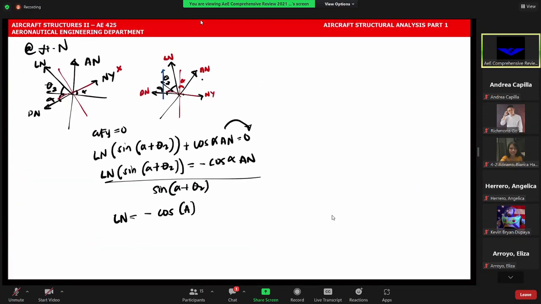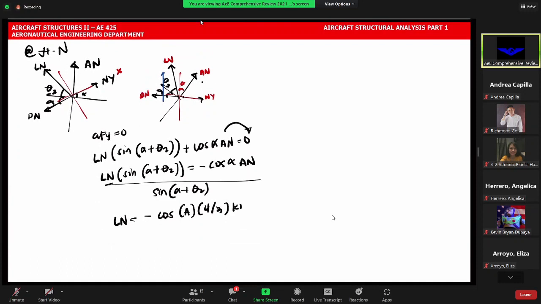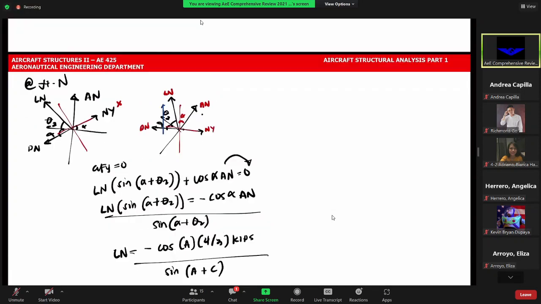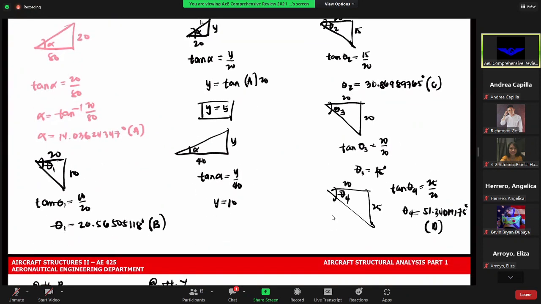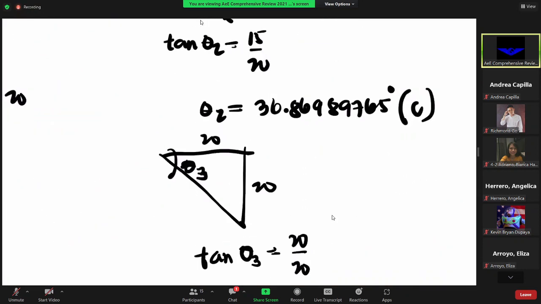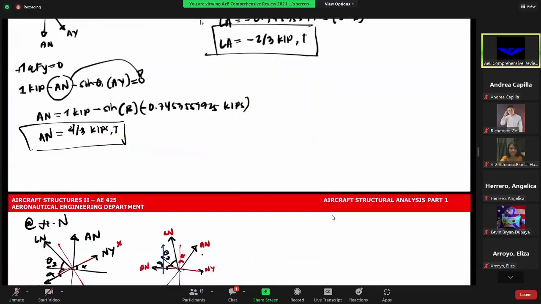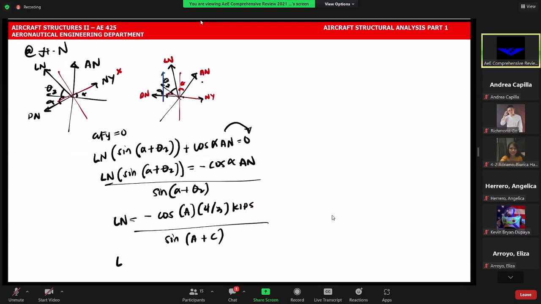So that is 4/3 kips over sine alpha plus theta sub 2. Tama? So, store C. Yung theta sub 2 natin is naka-store sa C. So, anong sagot ng ating LN? Negative 5/3.